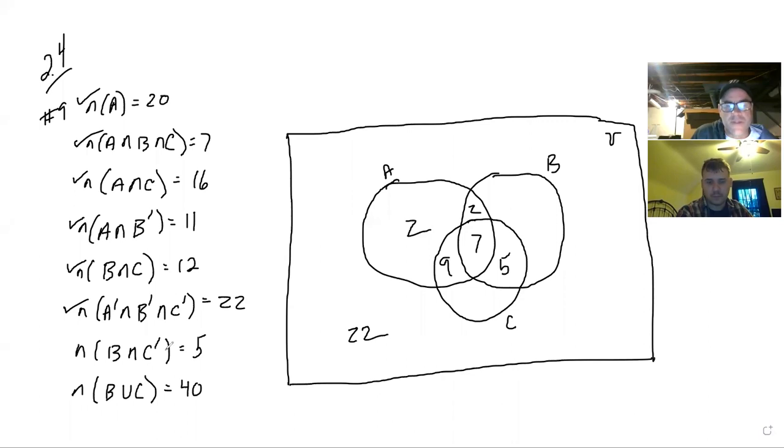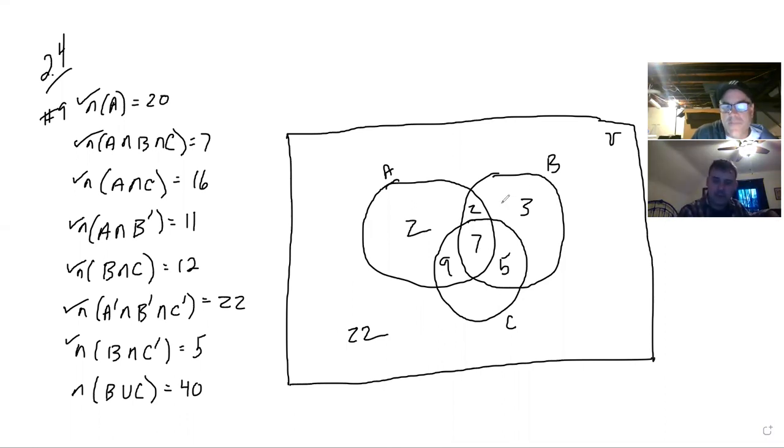Now I can go back to this one. B intersects C complement. So outside of C, overlapping with B would be these 2 regions. It says it's 5, so I would need 3 more to get my total of 5. That leaves this, B union C. Now that's all the regions making up B or C. So there's 6 of them, here, here, here, here, here, and here.